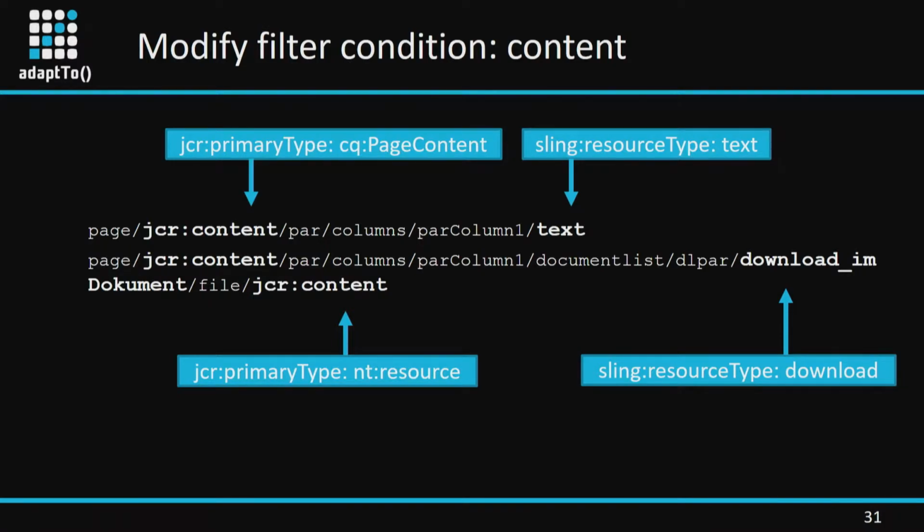So let's look how the content could look like. You see the JCR content node. It contains text properties. You see at level 4 the text node with text properties. You see at level 6 the download node with text properties.